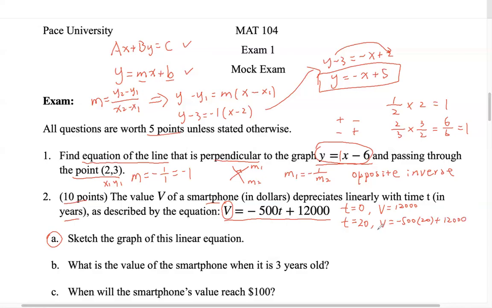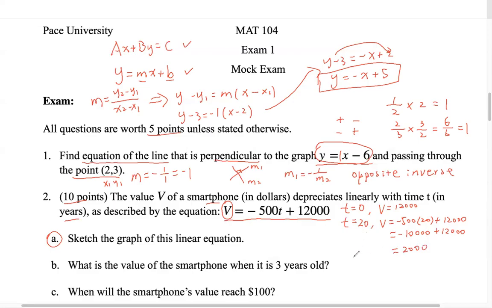Well, we can find y-intercept, x-intercept, right? So in any case, we need 2 points. So in this case, we have negative 10,000 plus 12,000. So I get 2,000. You see why I choose 20?